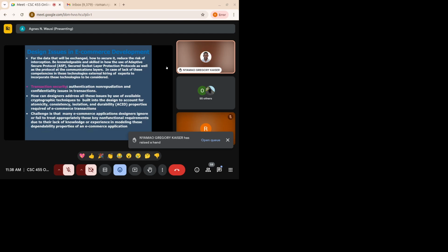Gregory: I think data within a network can be protected using things like firewalls. But that is within your own network. Gregory, we are trying to answer: data is moving from your network to another network.